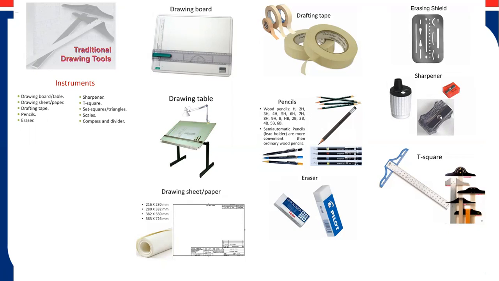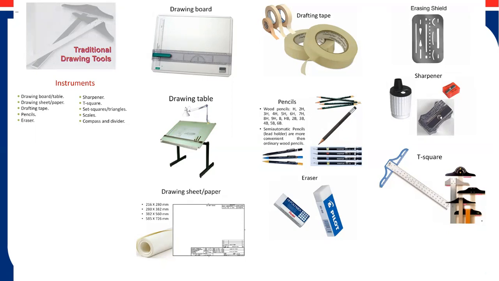Then the pencils. Different types of pencils are used, depending on the hardness. You can go for the H pencil and 2H pencil. Purchase the 2H, H, and 4H pencils. And to attach your paper to the drawing board, you need adhesive tapes or drafting tapes.